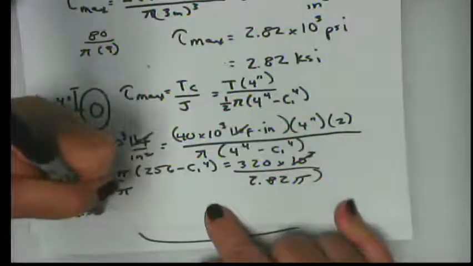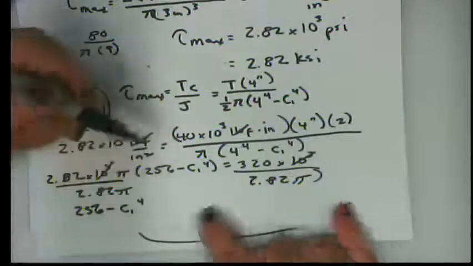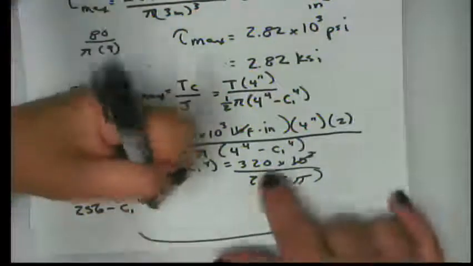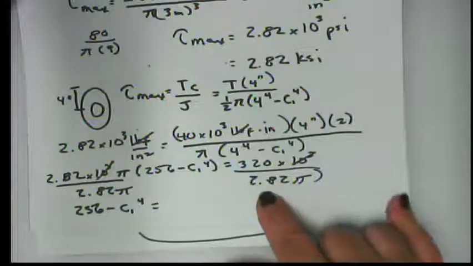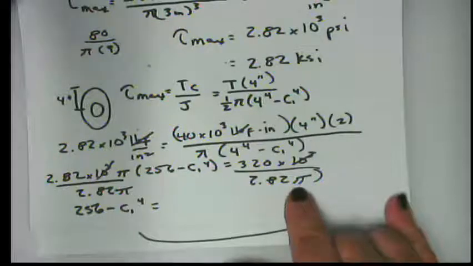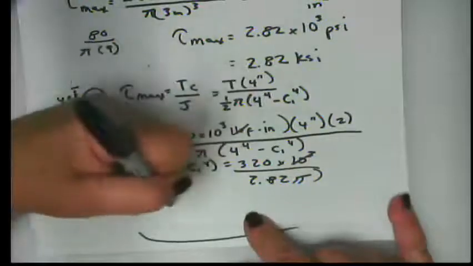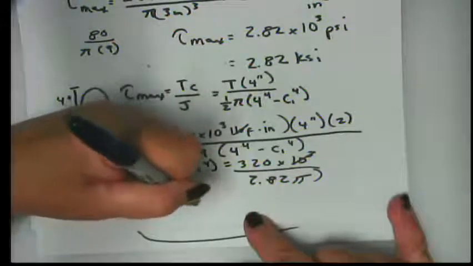And I'll get over here 256 minus C1 to the fourth power equals 320 divided by 2.82 divided again by pi. And that value is 36.12.